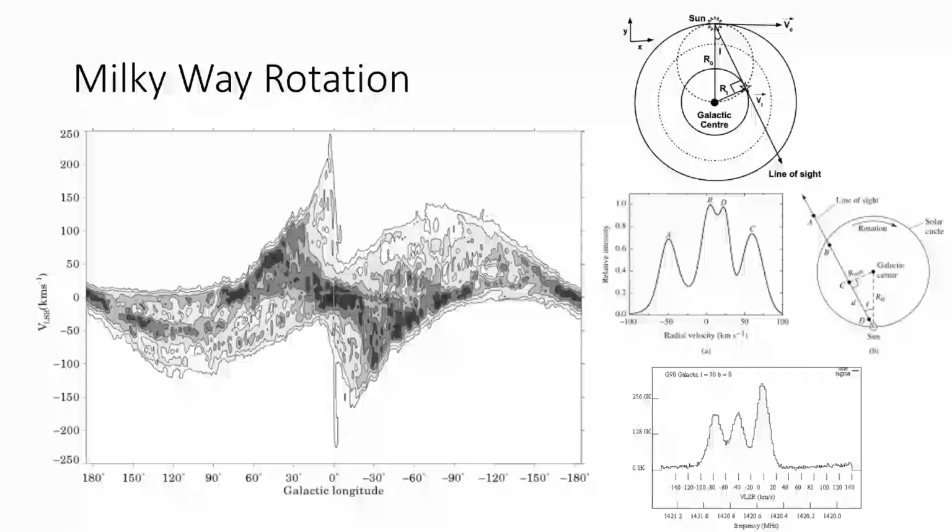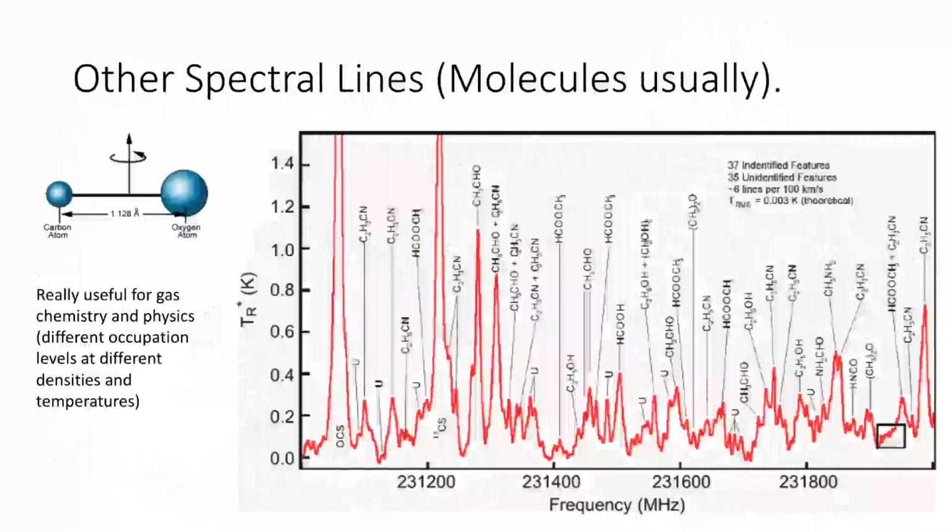Okay, so one more source of radio emission, and I want to just mention that there are other spectral lines. So there's other atomic lines, but there's also a whole pile of molecular lines. And it turns out that molecular hydrogen doesn't do a lot because it's very symmetric. So molecular lines come from rotation and vibration of the chemical bonds between atoms in molecules.